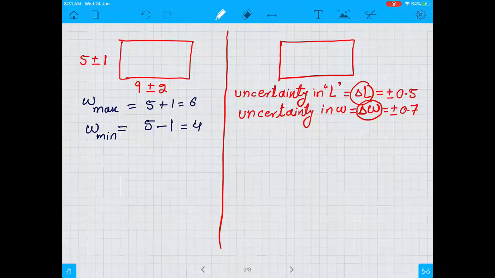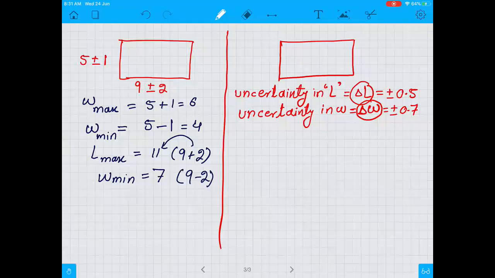In the same manner, the maximum possible length could be 11. How do we get 11? 9 plus 2. And the minimum would be 7, that is 9 minus 2. So in this part, we are able to find the maximum and minimum value of length and width.